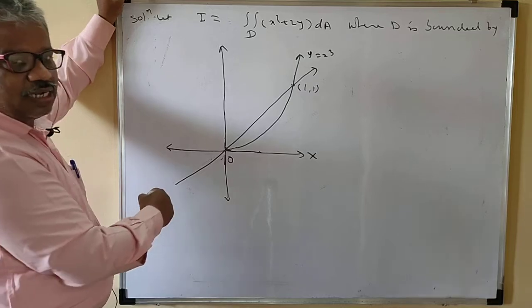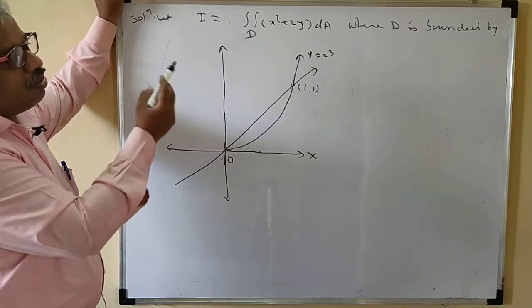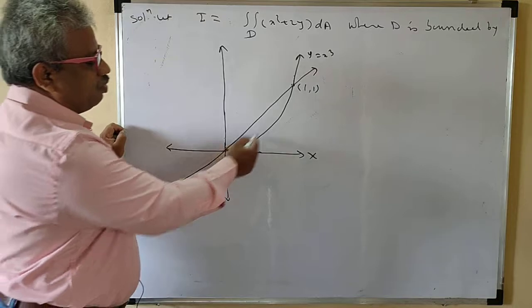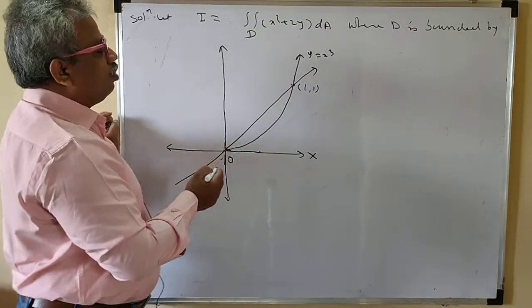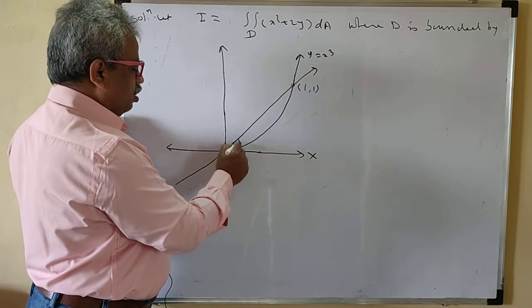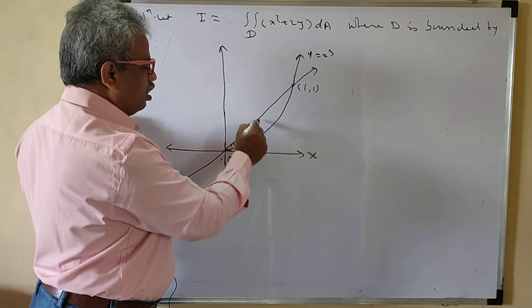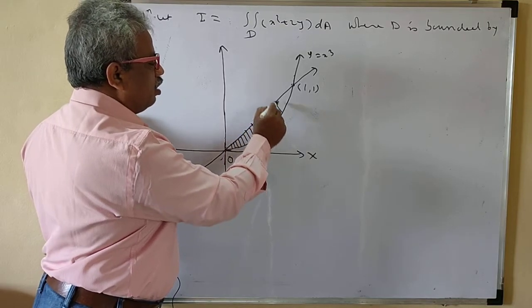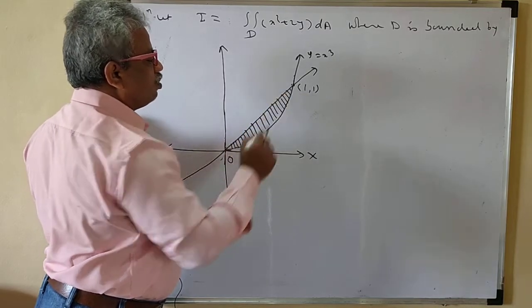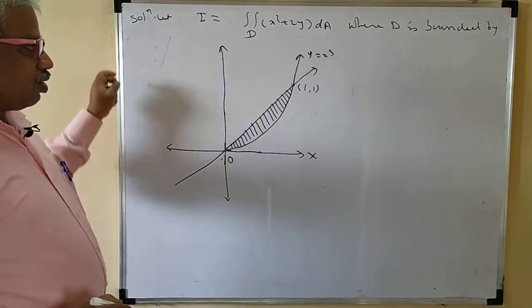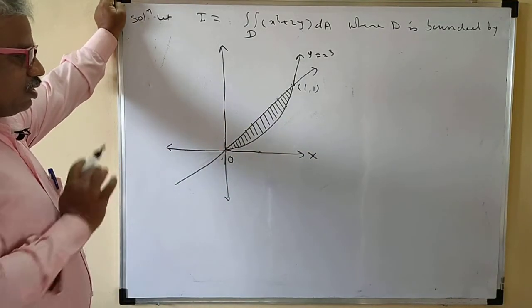We are not interested in the left part of the y-axis, because our x is greater than 0, so just draw this only. This will be your region, in the first quadrant, where x is greater than or equal to 0. We are interested only in this one.